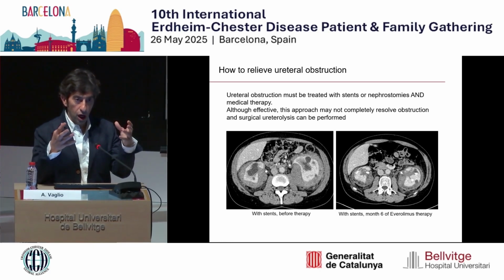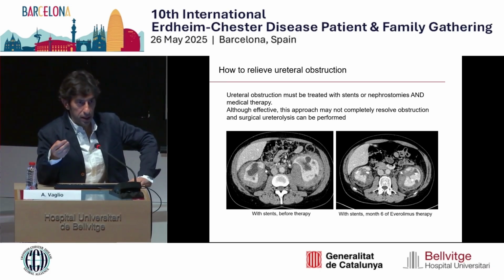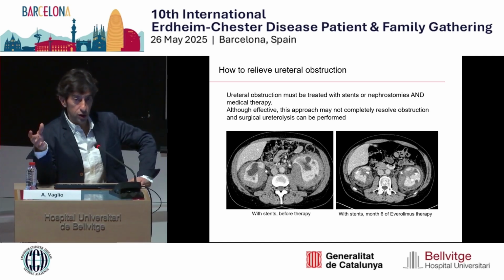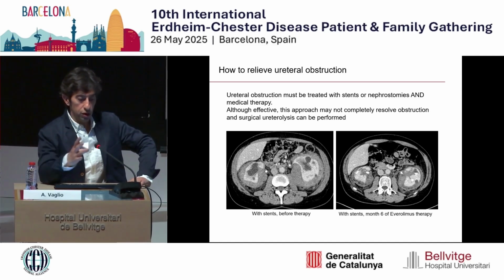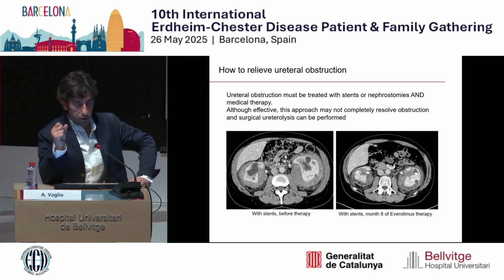The core of the approach to the patient with ECD that has ureteral involvement is to start medical therapy as soon as possible, because this is the only way we have to induce a regression of the tissue and therefore to reduce the degree of obstruction of the ureter.